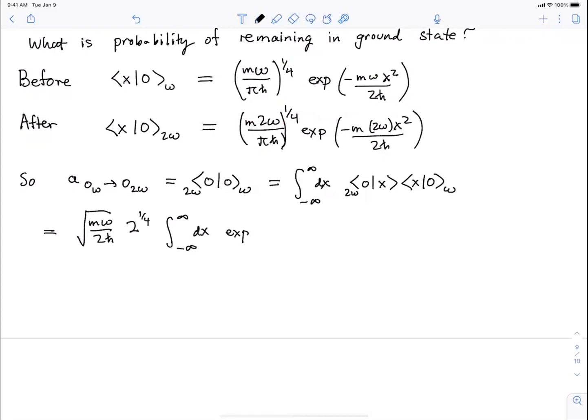Namely, there's an exponential of minus m omega over h bar times x squared. And then there was a factor of 1/2 in the exponential from here and 2/2 from here, so that makes 3/2. Okay, so there's a factor of 3/2 here.